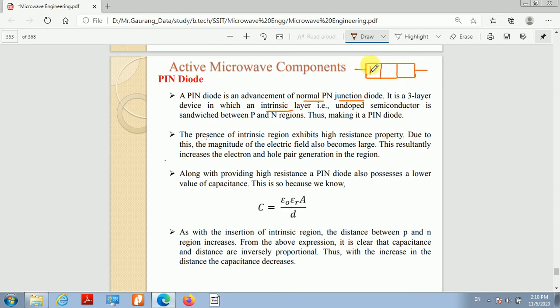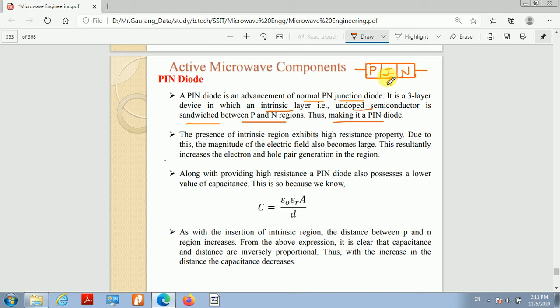So this is the P layer, this is the intrinsic layer which is indicated by I, and this is N. Hence it is known as a PIN diode. And very important to note, this intrinsic layer is basically an undoped semiconductor, which is sandwiched between the P and N regions, and thus making the PIN diode.